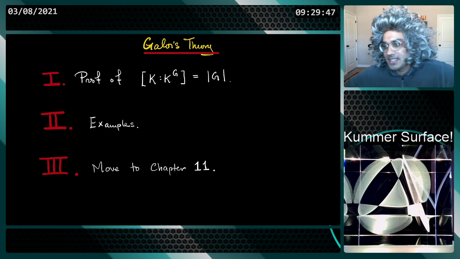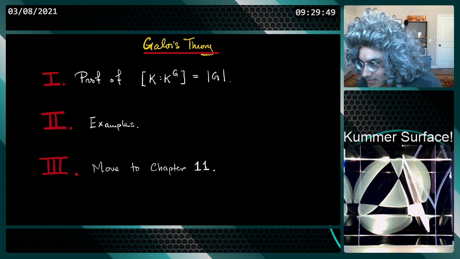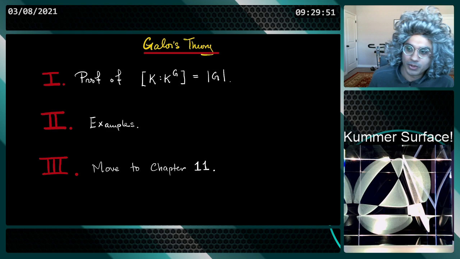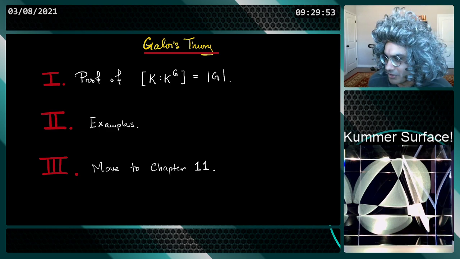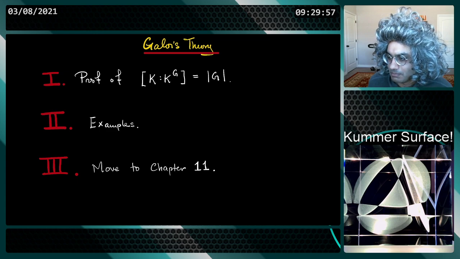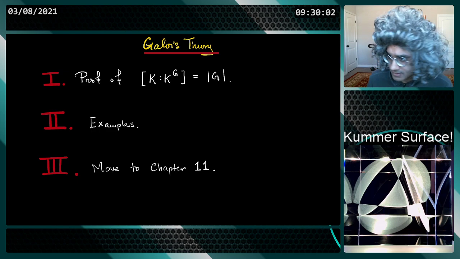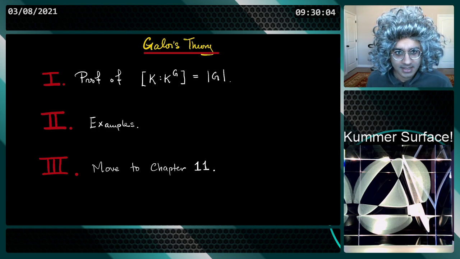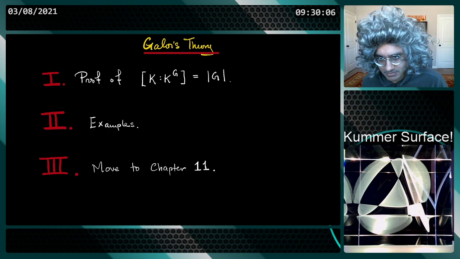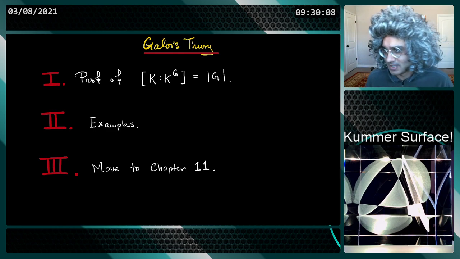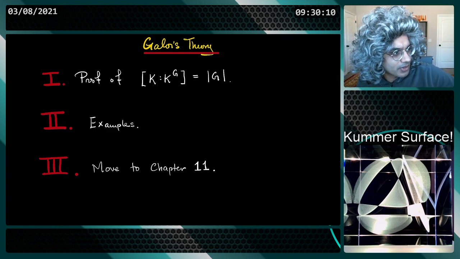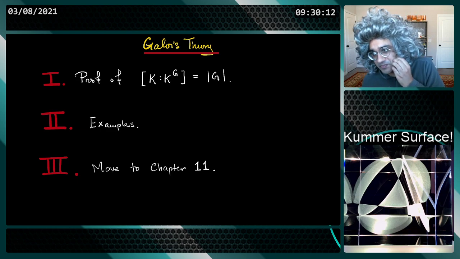Okay, but here we're basically finishing chapter 10 today, moving on to chapter 11. The main content of chapter 10 is how big is a fixed field? That's the question that chapter 10 tries to answer. Well, it answers perfectly.